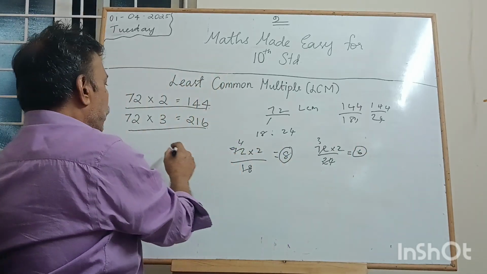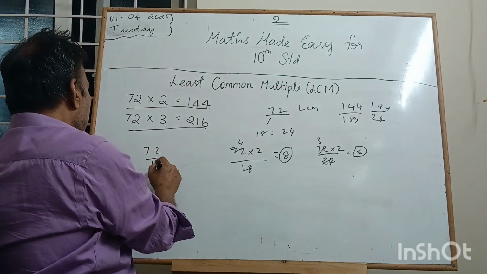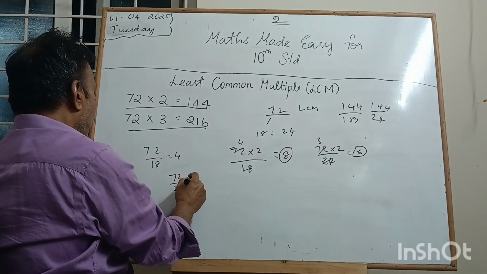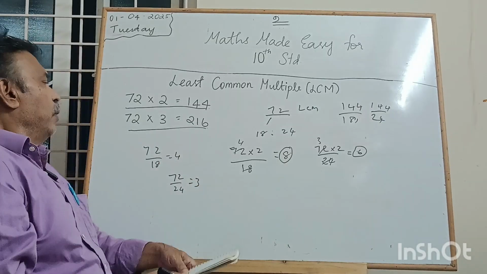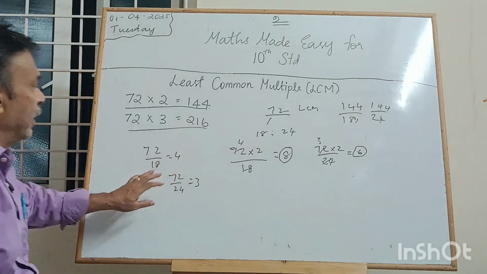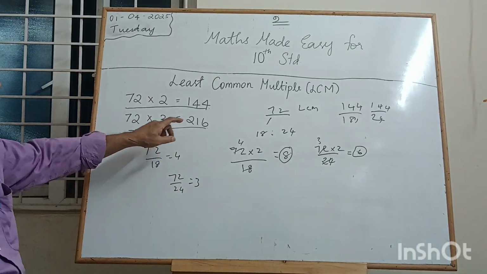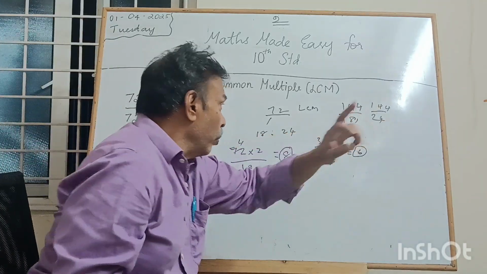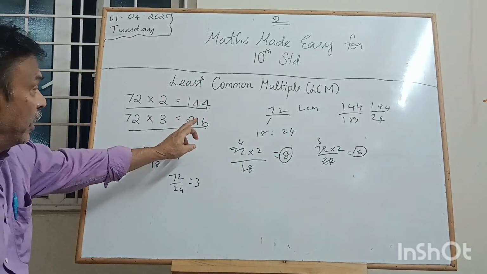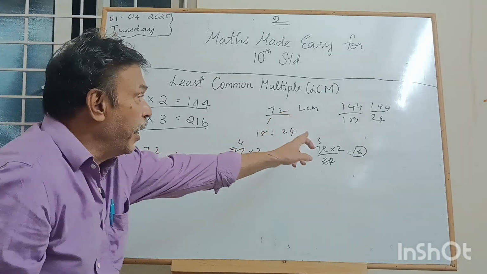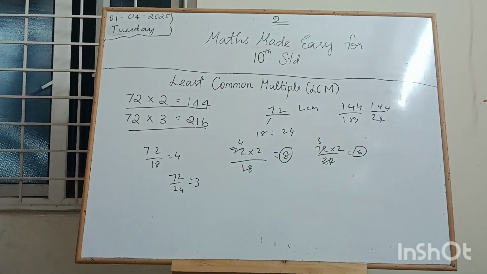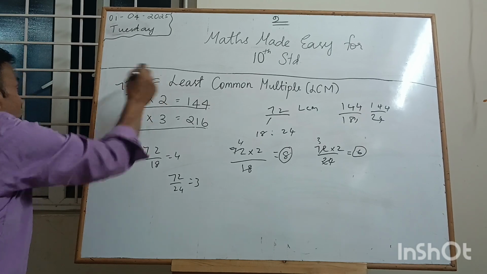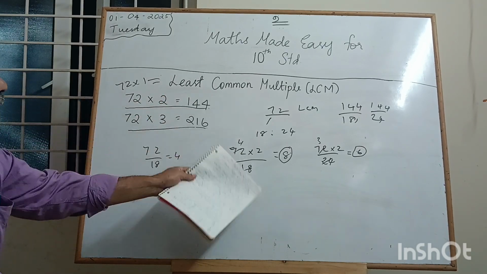Previously we got 72 by 18 is 4 and 72 by 24 is 3. This is only for an example. So 144 can be divided by 18 and 24, again 216 can be divided by 18 and 24, and 288 is also divisible by 18 and 24.